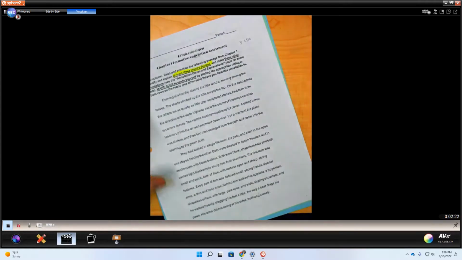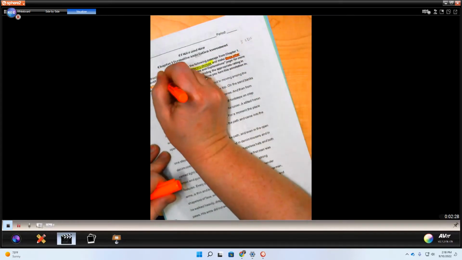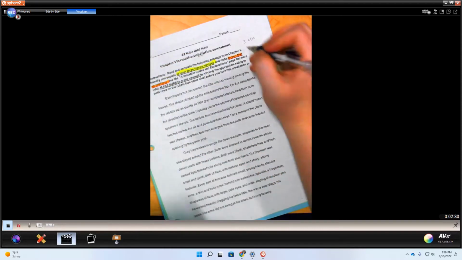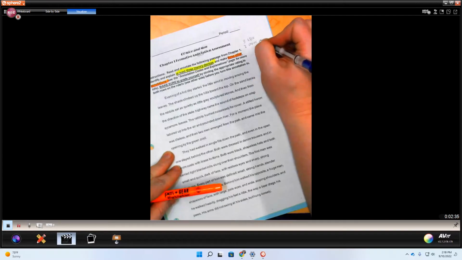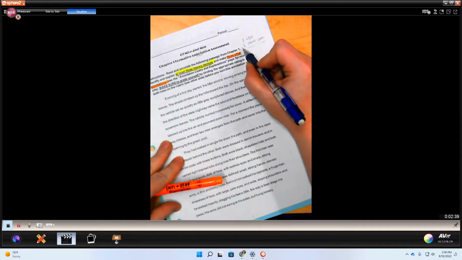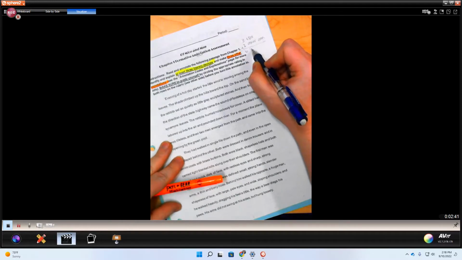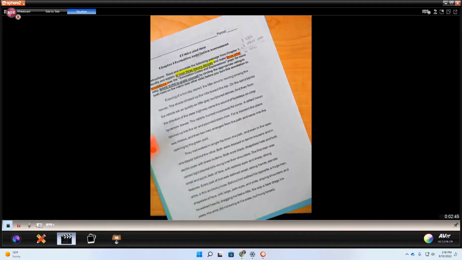And then it's saying that we also need to make 3 other annotations. So I know that I'm going to need 6 total annotations: 3 literary devices and 3 other annotations.